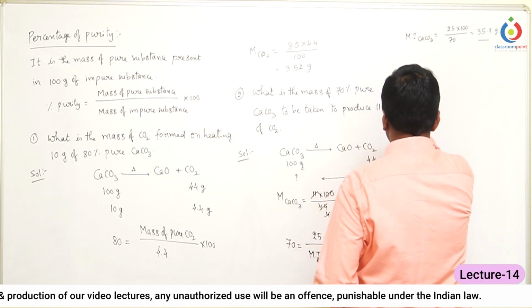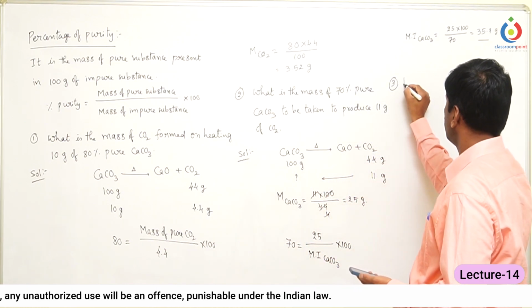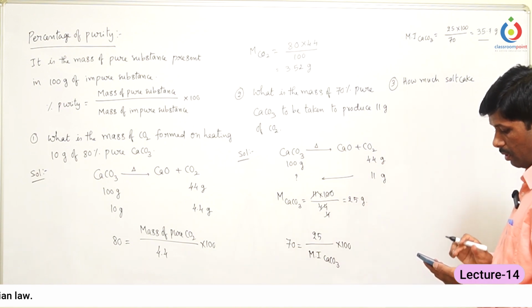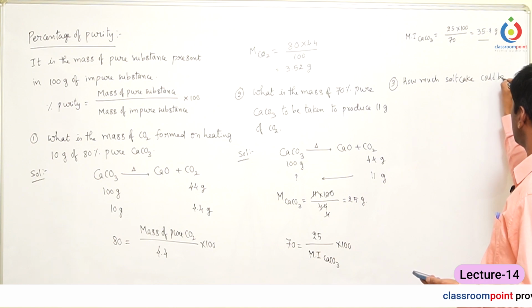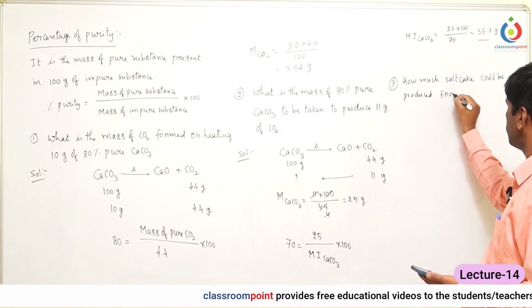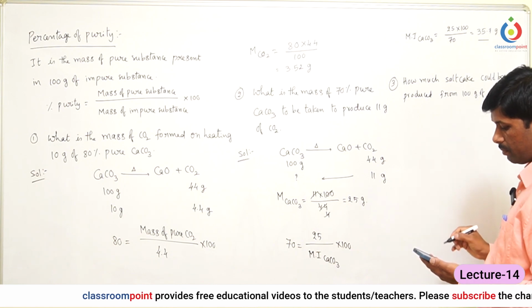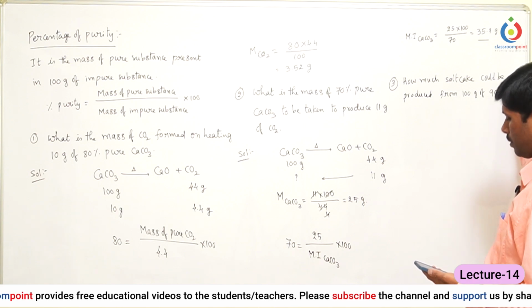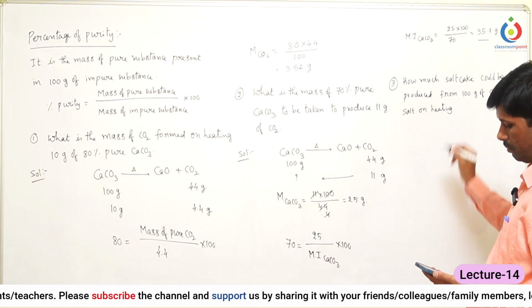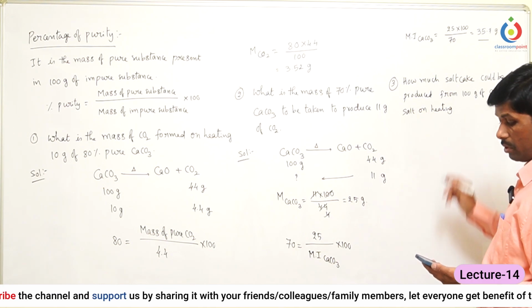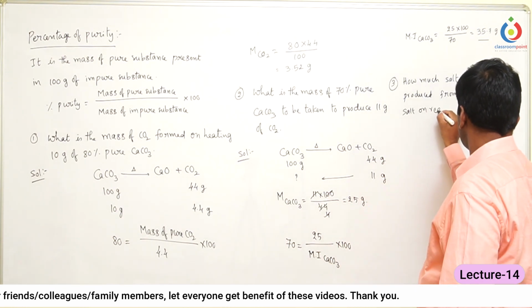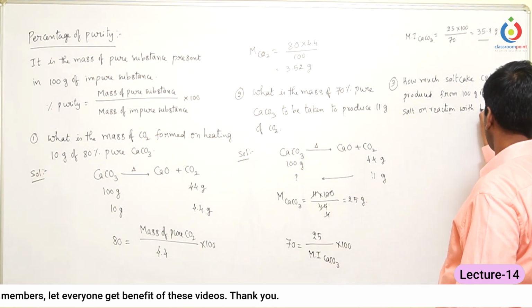So the next question is, how much salt cake could be produced from 100 grams of 90% pure salt on heating, on reaction with sulfuric acid H2SO4.